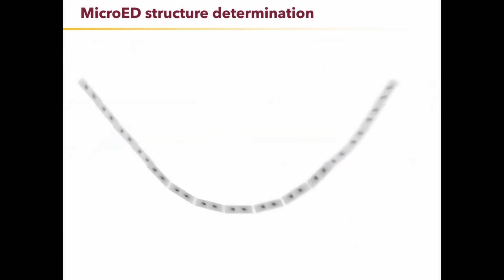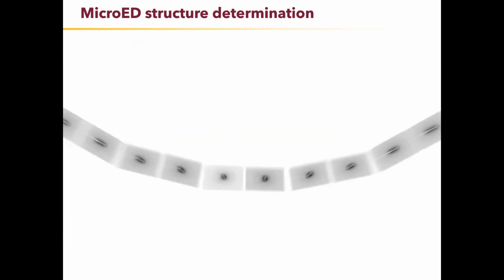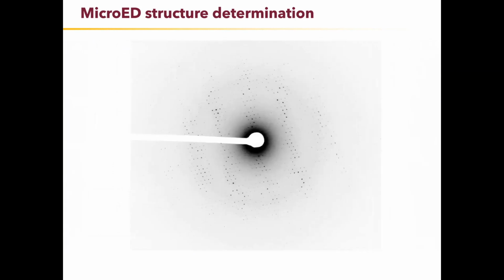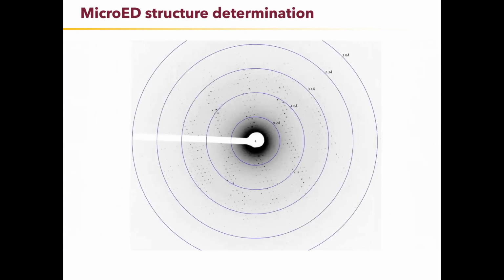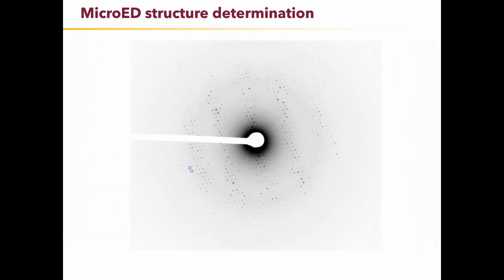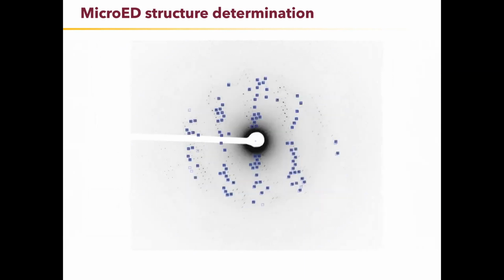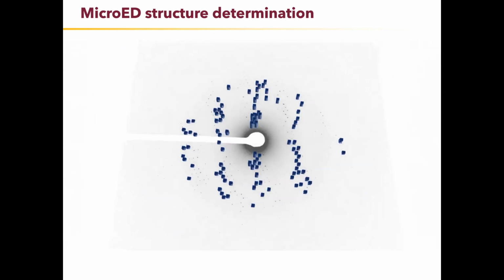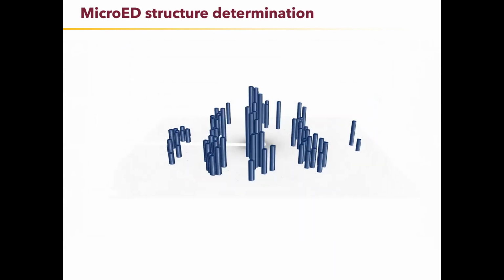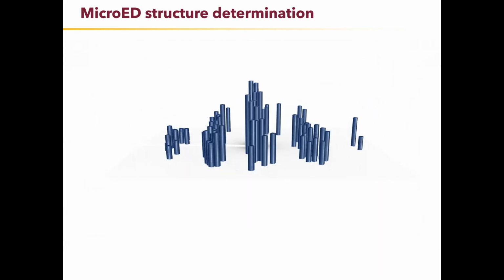Now you take all those data, you have a whole movie now. Each diffraction pattern, after you index it and get the unit cell parameters and orientation, you'd then integrate all of those reflections, and you basically end up with a list of Miller indices, HKLs, and intensities, and all the other statistics you normally get from the data processing programs.